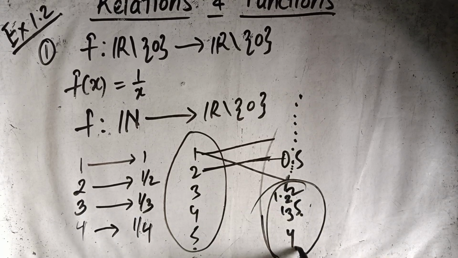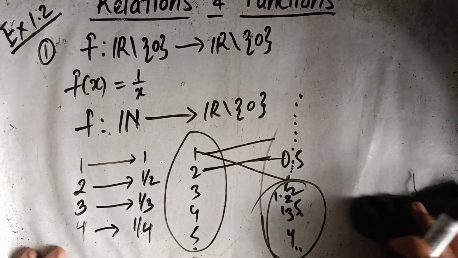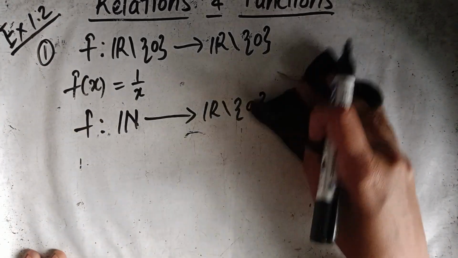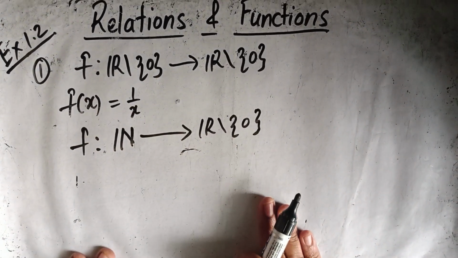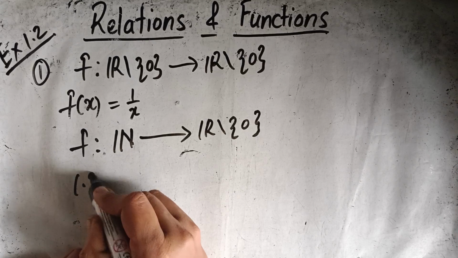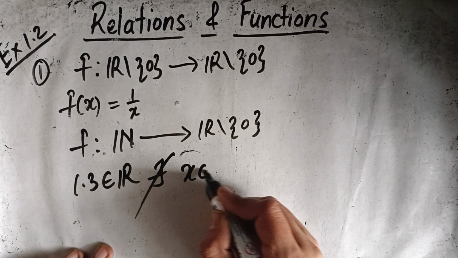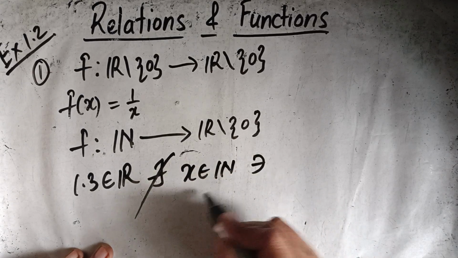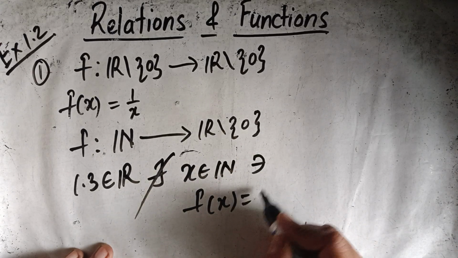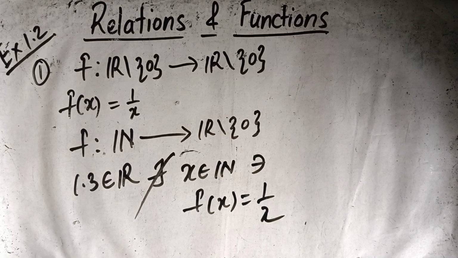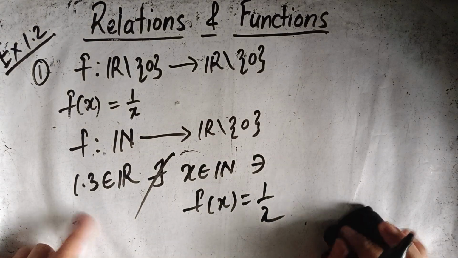This remains, so it is not onto. So you can write: for 1.3 belonging to R, there does not exist x belonging to N such that f of x is equal to 1 by x. This is your example to prove that.